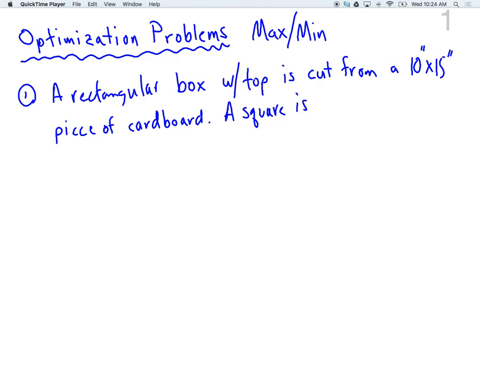A square is cut. A square piece is cut from the sides.